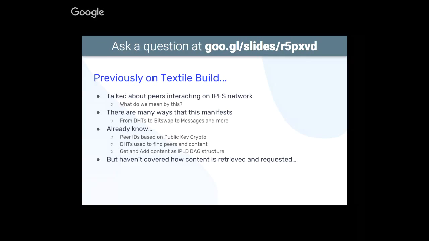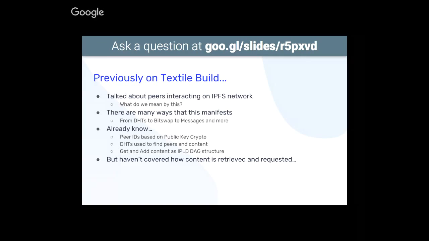What we do know is that peers on IPFS use their peer ID to identify each other, and that this peer ID is based on the hash of their public RSA key. So they've got a private and a public key, and their peer ID is based on their public key.